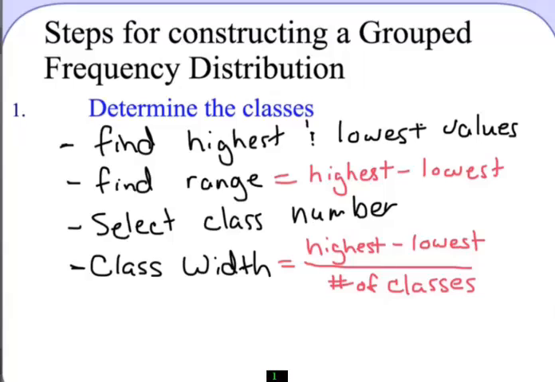So we're going to look at our highest value minus our lowest value divided by the number of classes, and this will give us our class width, and this will be the class width that we use throughout the entire problem. Remember that we're going to round this number up to the next odd number, whatever that might be.